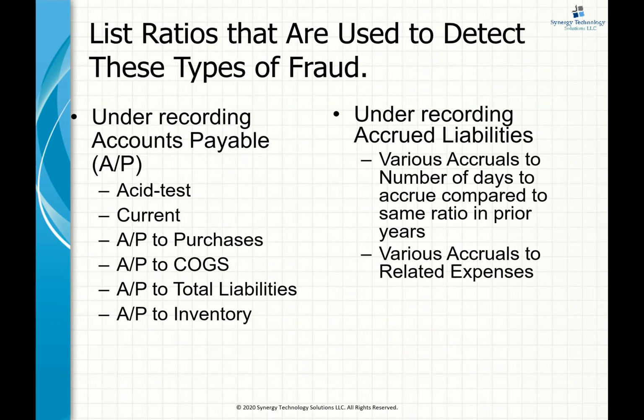Under-recording accrued liabilities: various accruals to number of days accrued compared to the same ratio in prior years, and various accruals to related expenses. This type of ratio will give you an indication if they're under-recording accrued liabilities. Remember, when people are doing financial statement fraud, they're not really paying attention to how the ratios will be impacted.